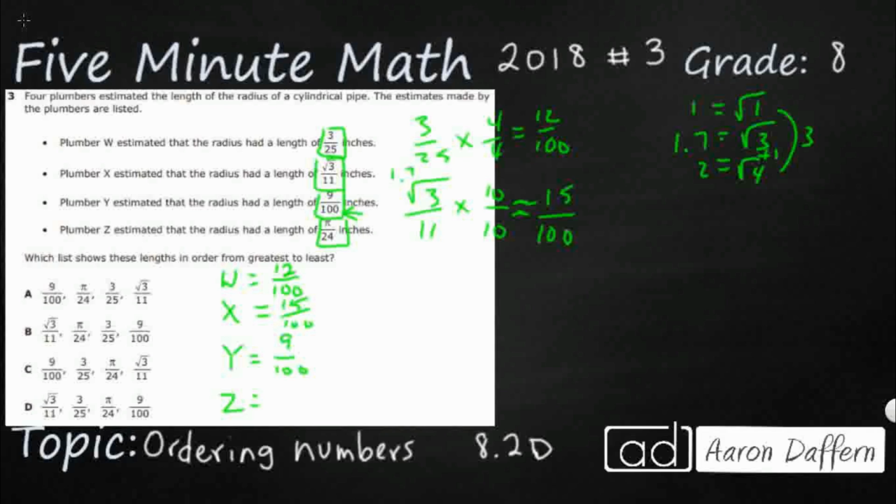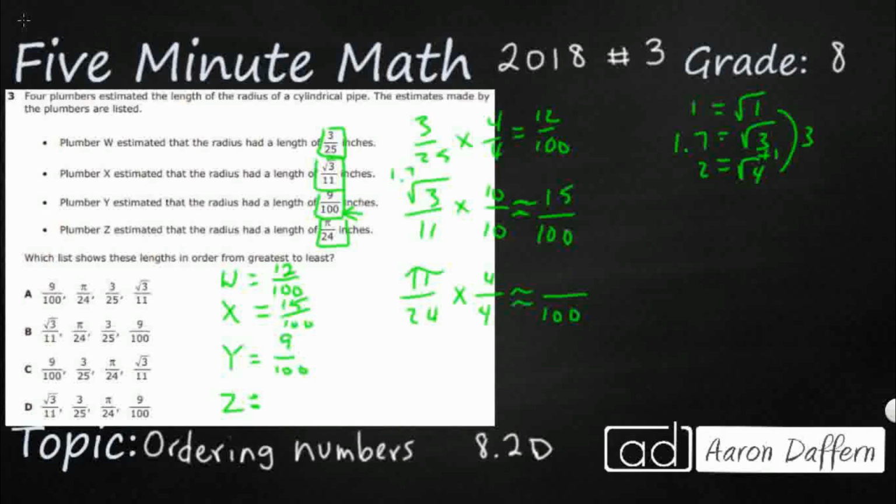And then we've got our z here. So z is going to be pi over 24. And as you can see here, if we multiply by 4, that's going to get us pretty close. Right? That's going to get us 96 really. So maybe we could add 1 or something.